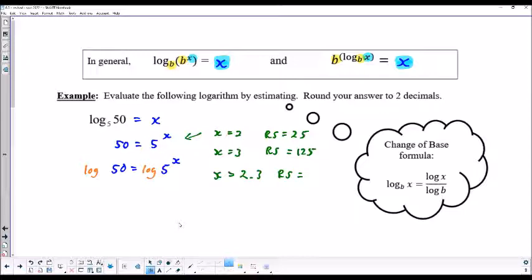We're just taking the logarithm of both sides. Now, one of the rules of logarithms is that we can take this exponent here and move it down in front. So then we get x times the logarithm of 5. And because that's multiplication, we can just divide both sides by the logarithm of 5.